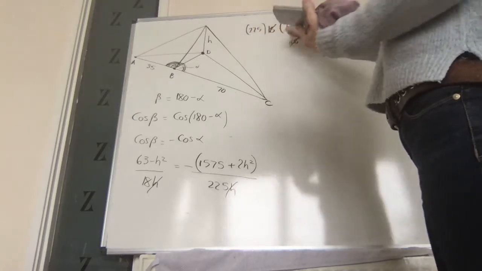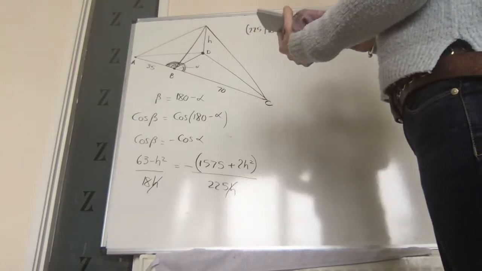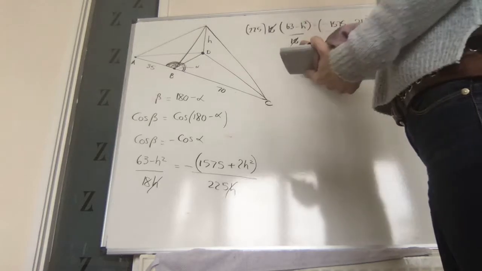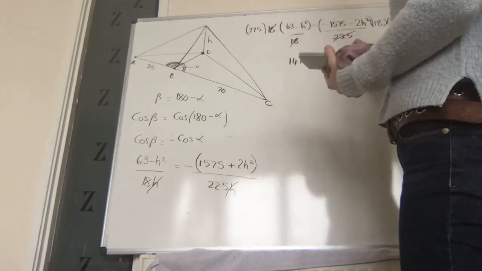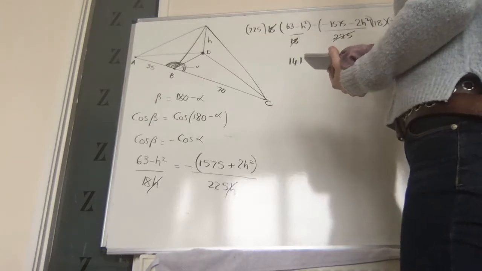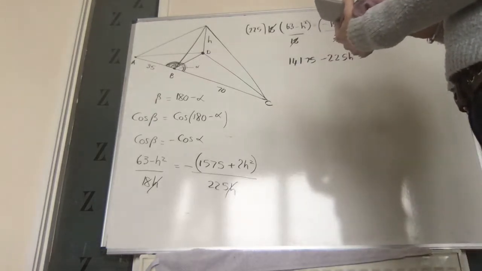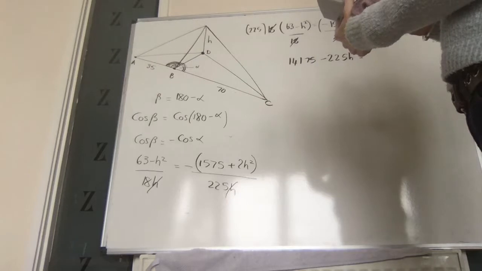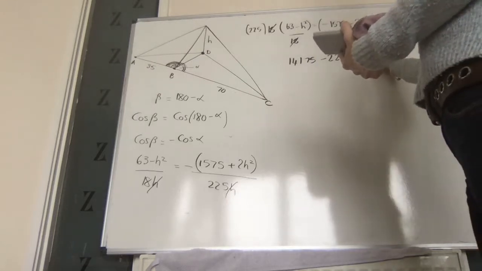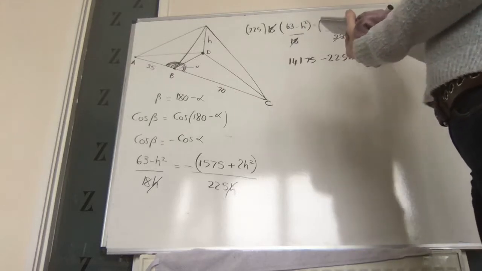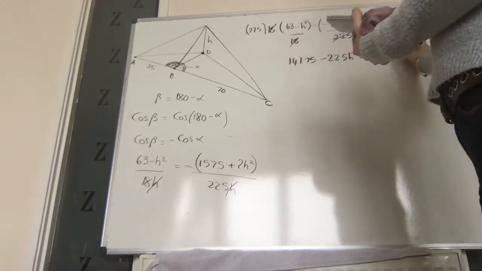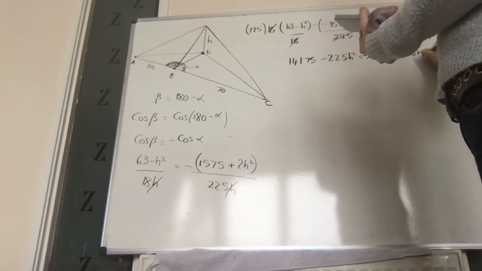So we're left with 225 times 63, 14175 minus 225h squared is equal to 1575 by 18, 28350, minus and minus 36h squared.